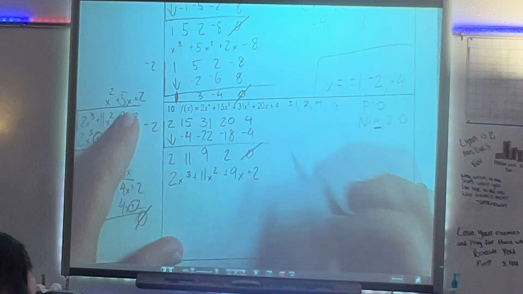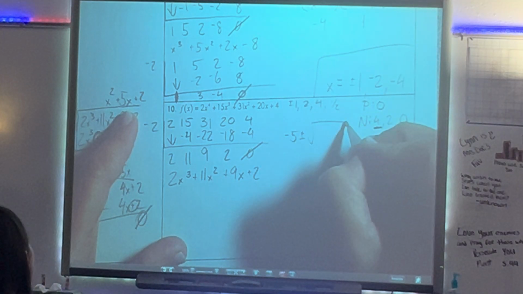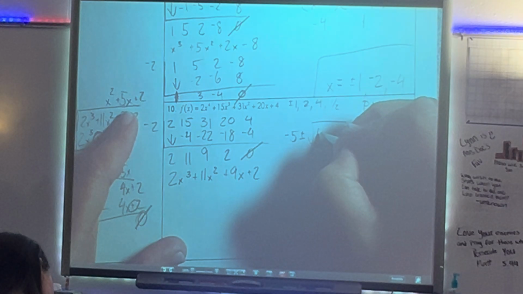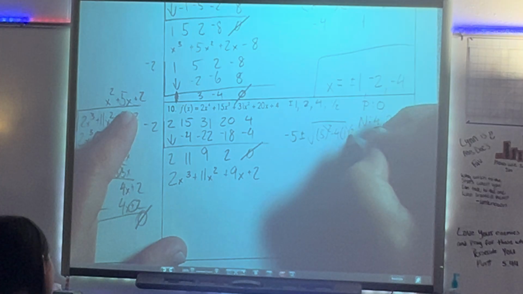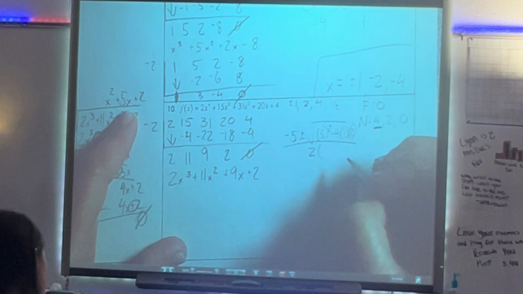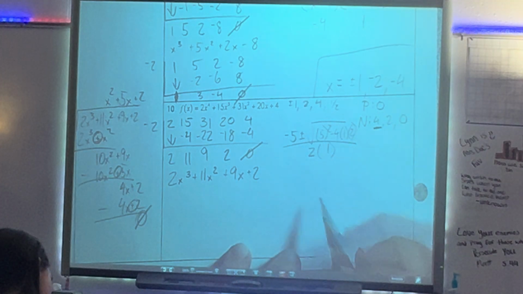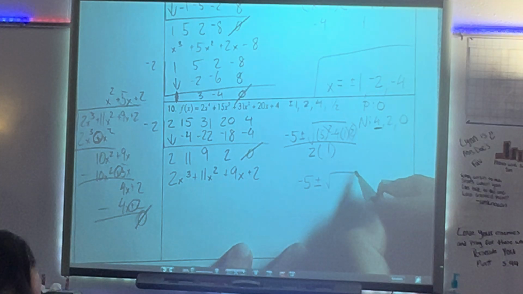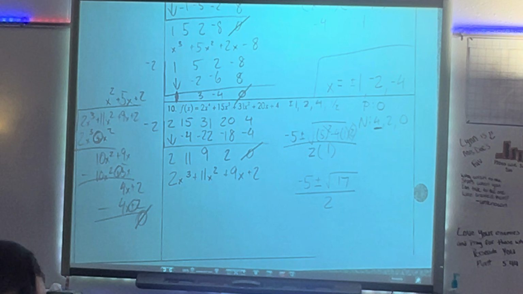So I've got negative 5 plus or minus square root of 5 squared minus 4 times 1 times 2 over 2 times 1. Okay, so when we simplify all that, it gives us negative 5 plus or minus the square root of 17 over 2, which doesn't simplify.